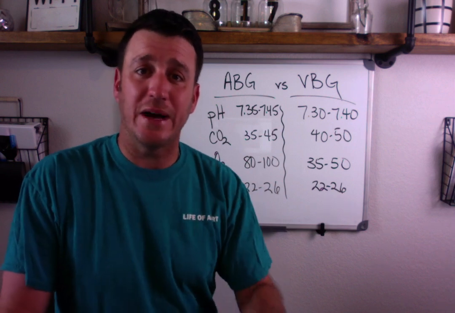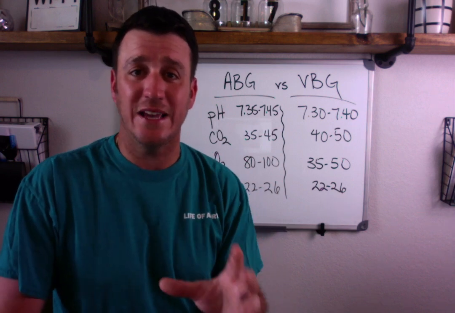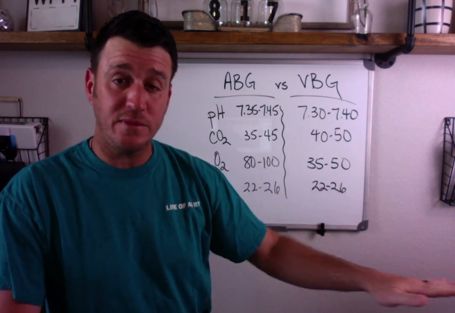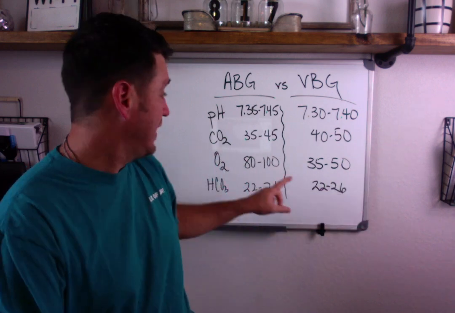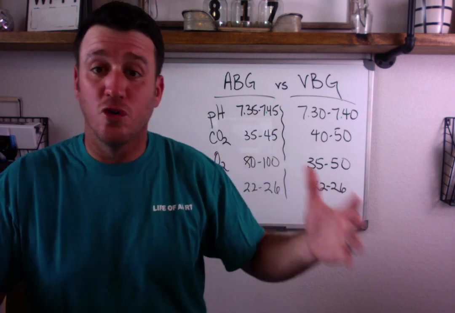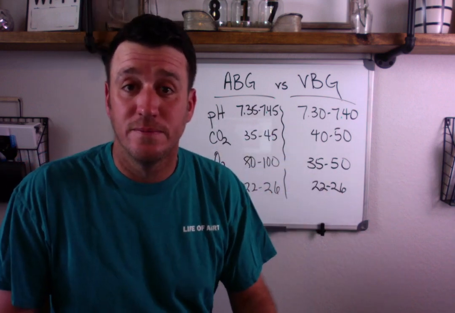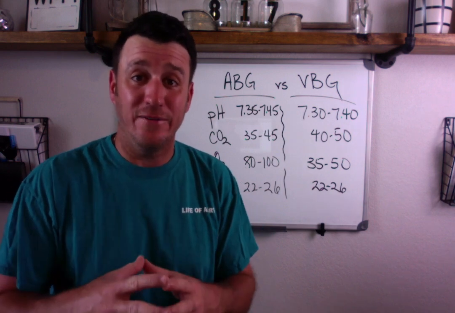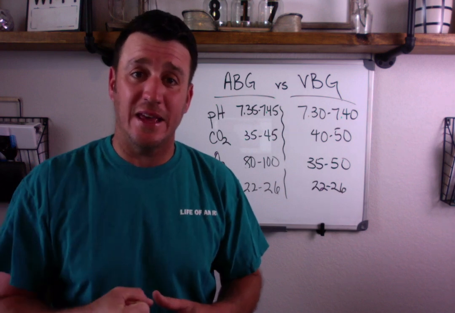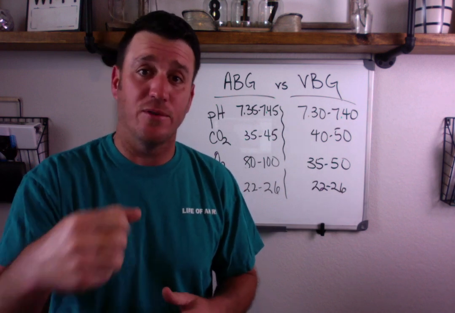So when you think about this, what you need to understand is what is happening in the body. Arterial blood goes out to the tissues carrying lots of oxygen, okay, and the normal amount of CO2. Now, the tissues take that oxygen out of the arterial blood.